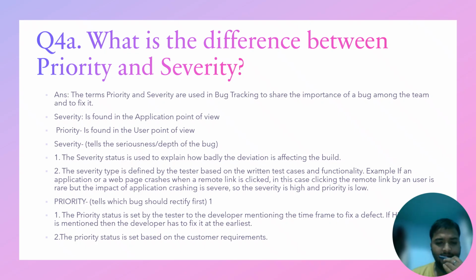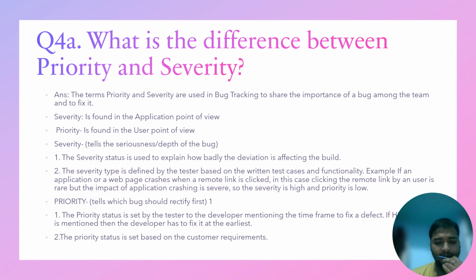Severity tells the seriousness and depth of the bug. The severity status is used to explain how badly the deviation has affected the build. The severity type is defined by the tester based on the written test cases and functionality.